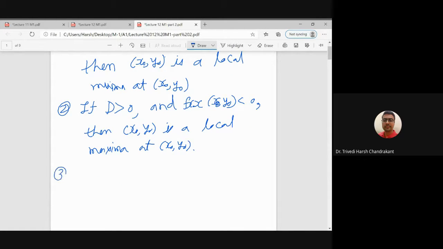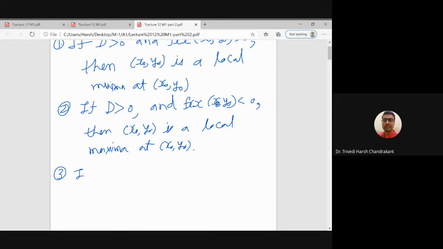The third condition is if the discriminant is less than 0, then the point is a saddle point.